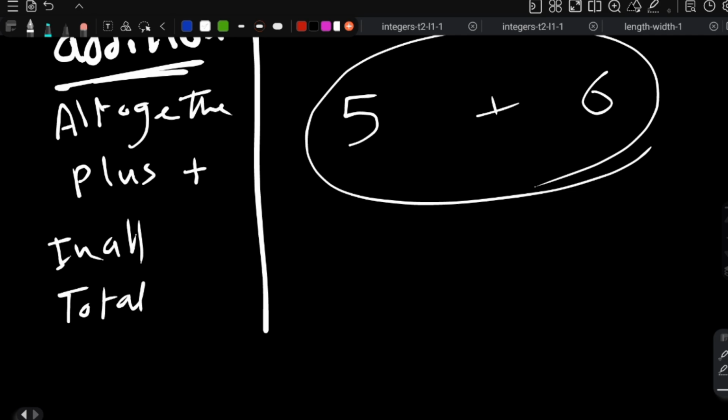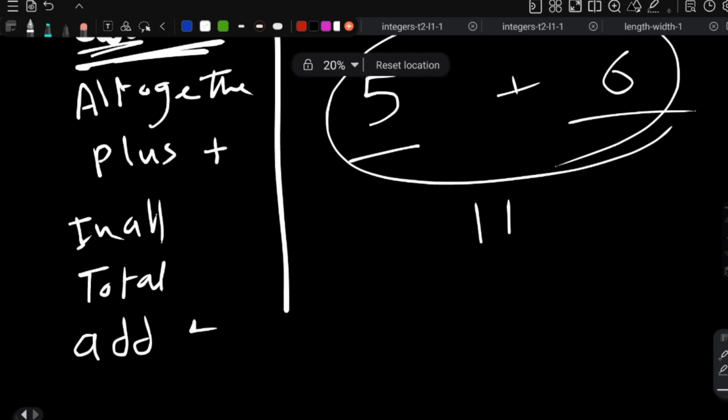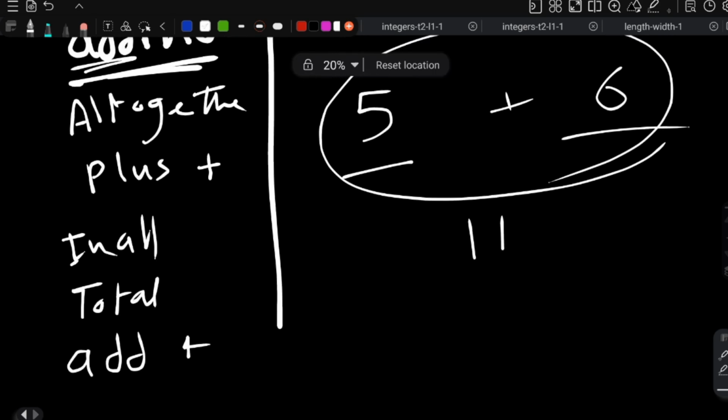What is the total number of balls you and I have? You will add 5 plus 6, it will be 11. And the last word will be add. Add comes from the first 3 letters of addition. Add means plus. We will face it a lot in these story problems.